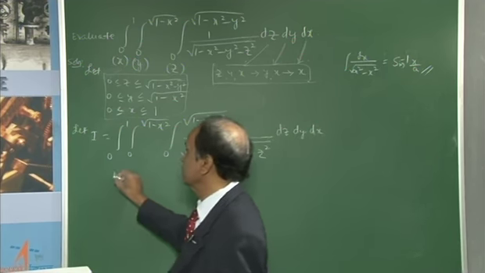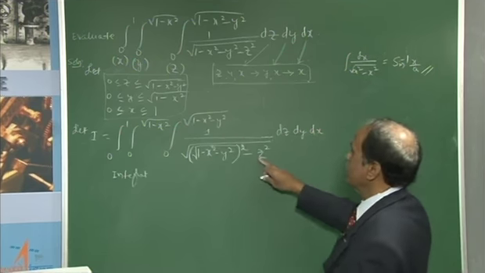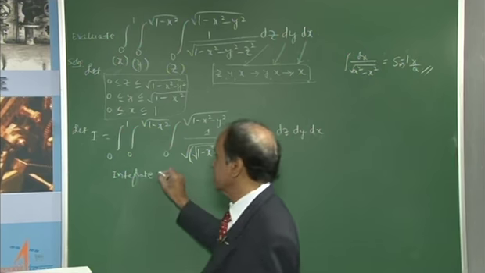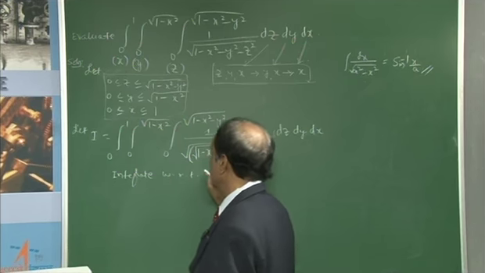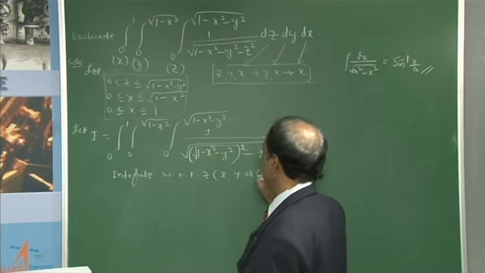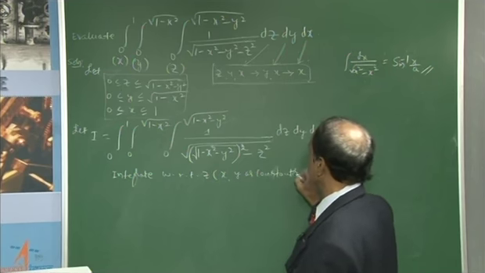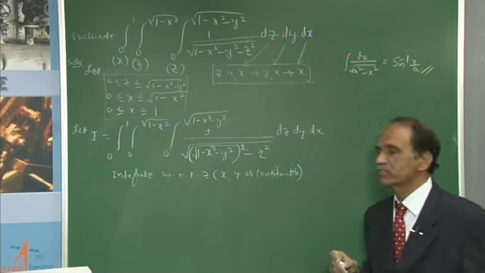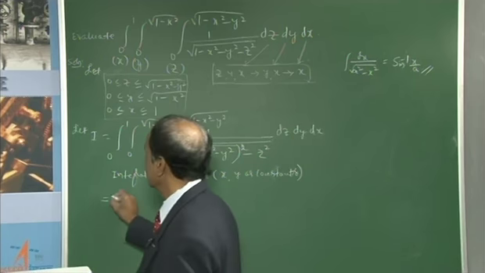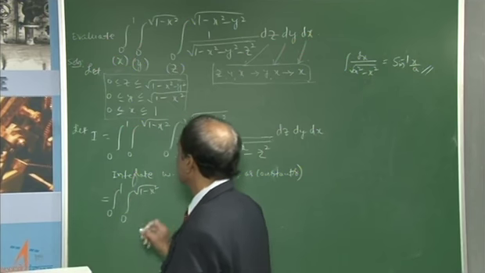Then the integration, now I will start to integrate. Here z is the variable, the remaining quantity is a constant according to this x. Then integrate with respect to z. That means you will treat x and y as constants. At that time when you are integrating with respect to z, x and y have to be treated as constants. This is 0 to 1 and 0 to root of 1 minus x square.